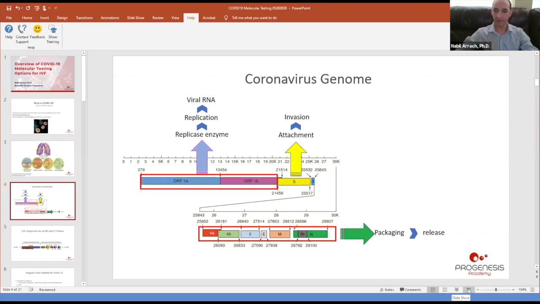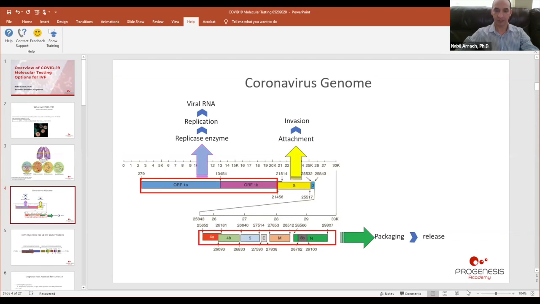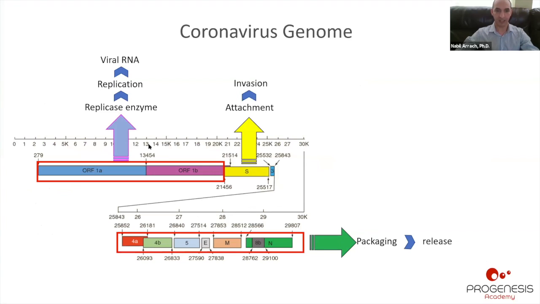So I was saying earlier that the coronavirus genome has about 30,000 base pairs. For a virus, it's a substantially large genome compared to other viruses that we have seen.